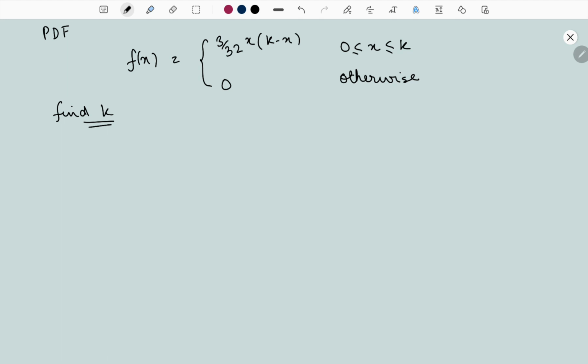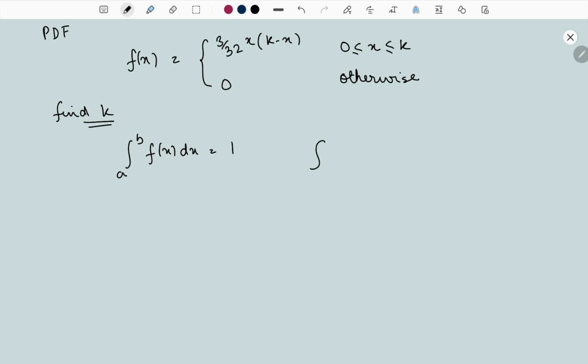Again, for a probability density function, we know this formula. I already told you that this means that the area under the graph is 1.